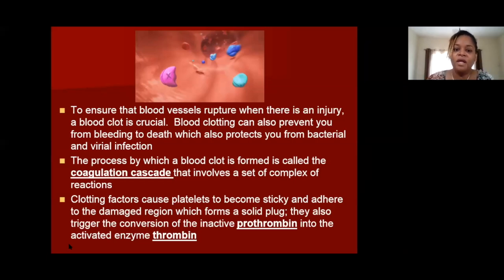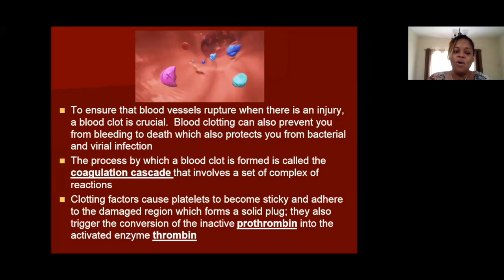So the clotting factors, and these clotting factors are found circulating in your blood plasma, cause platelets to become sticky and adhere to the damaged region, which forms a solid plug. They also trigger now a domino effect, where we have the conversion of an inactive protein in the blood called prothrombin, and it becomes activated into an enzyme known as thrombin.